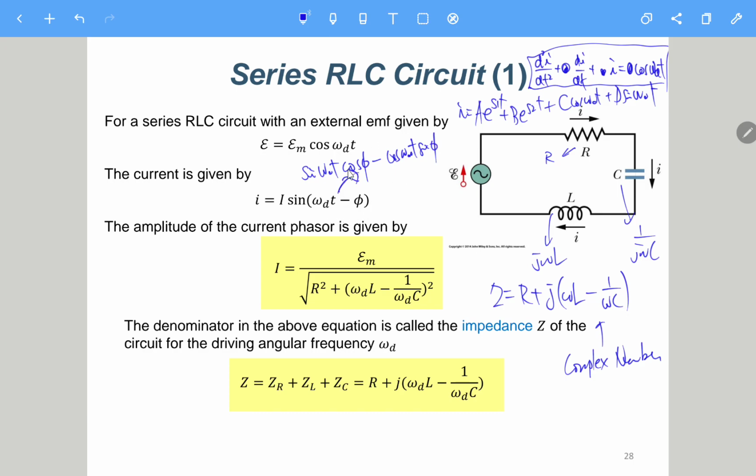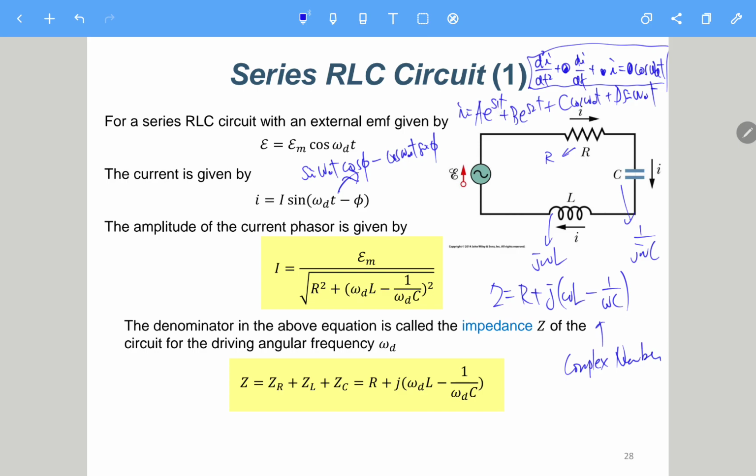So you only get this term and this term. You can't get the complementary solution. But usually we don't really care about this, because when t is large enough and s has a negative real part, it will tend to 0 after some time.